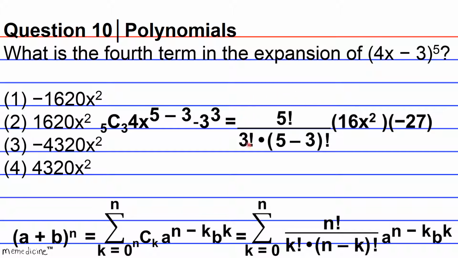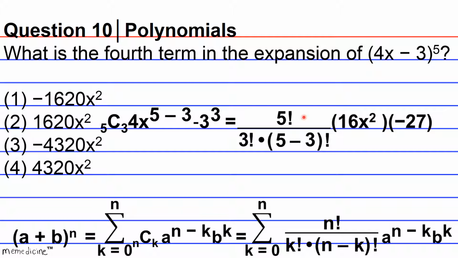Great, so here goes our combination notation re-expressed as a factorial. 5 factorial is 5 times 4 times 3 times 2 times 1. 3 factorial is 3 times 2 times 1. And 5 minus 3 factorial is 2 factorial, that's 2 times 1. Our 3 factorial is going to cancel out, and we can take that out of the 5 factorial in the numerator.